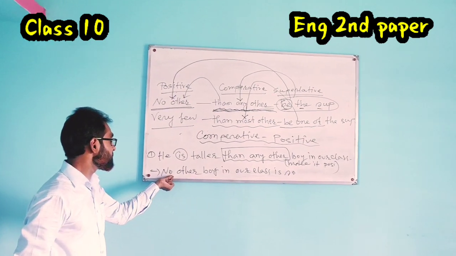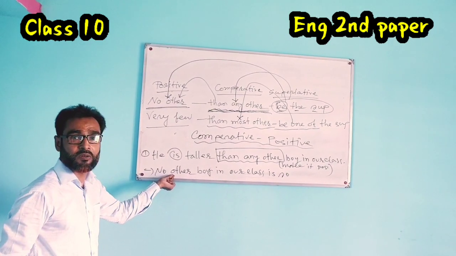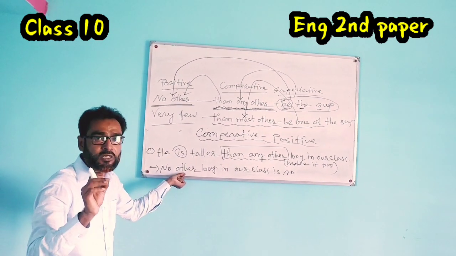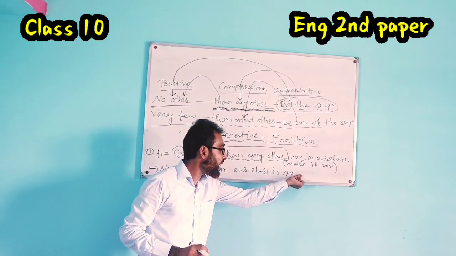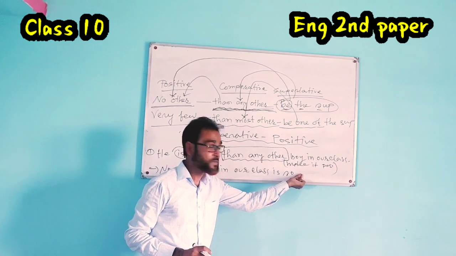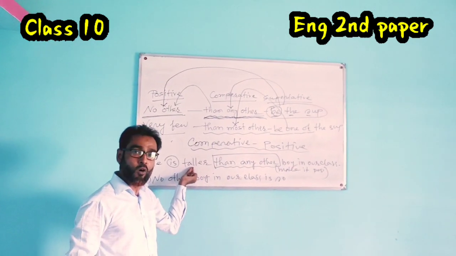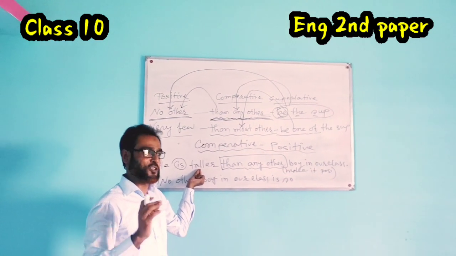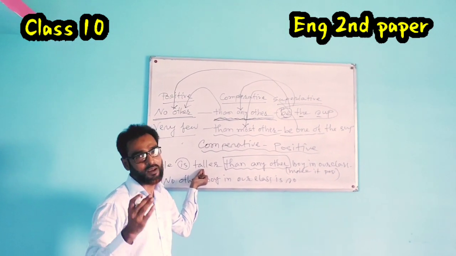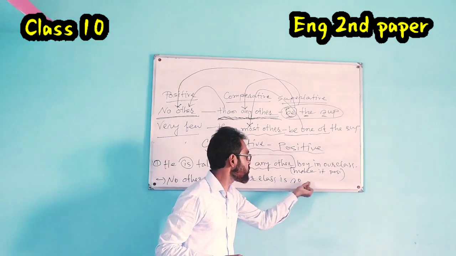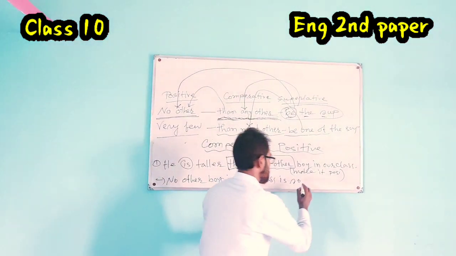This is positive degree. We are going to transform a comparative degree into positive. So we need a positive degree from taller. We know tall, positive, taller, comparative, and the tallest, superlative. So we need tall.